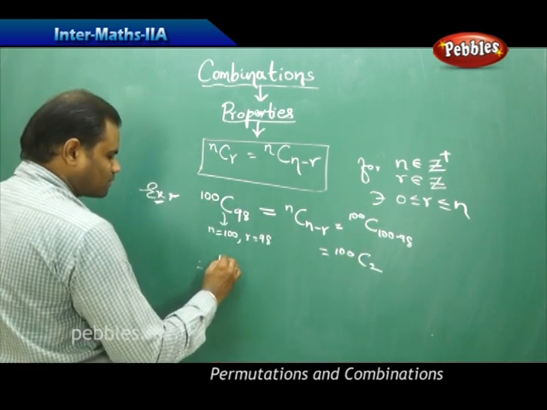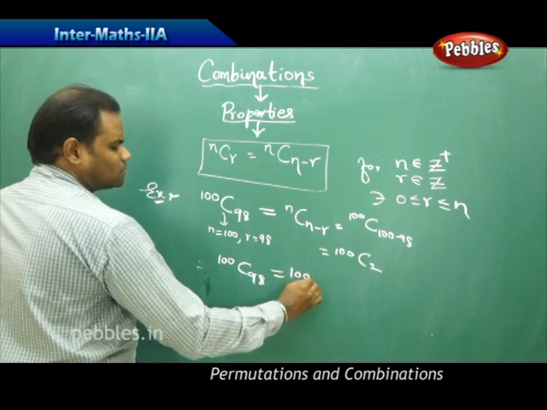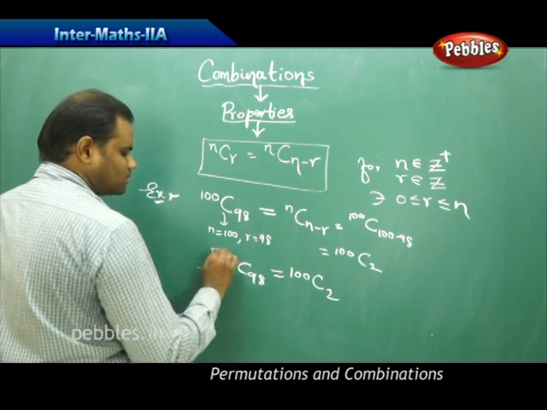Therefore, the 100 C98 which I wanted to find would be equal to nothing but 100 C2.